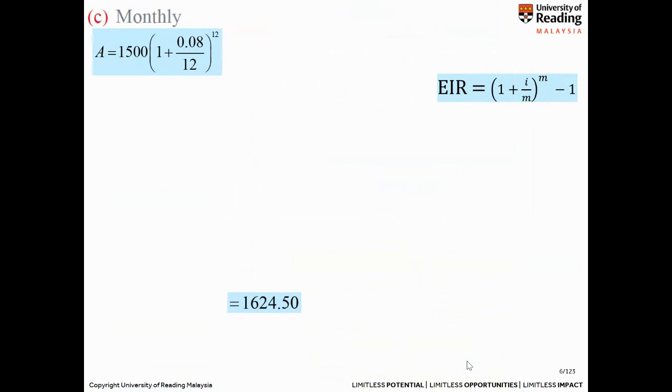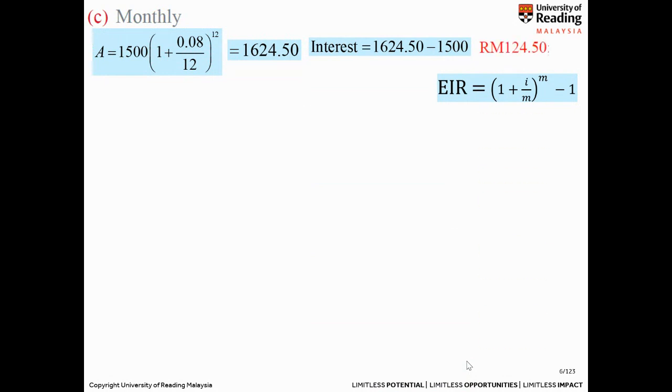We'll look at the next one. When the interest rate is compounded monthly, your m is 12. The total amount after 1 year should be 1,624.50. The interest earned after subtracting your principal 1,000 shall be 124.50.